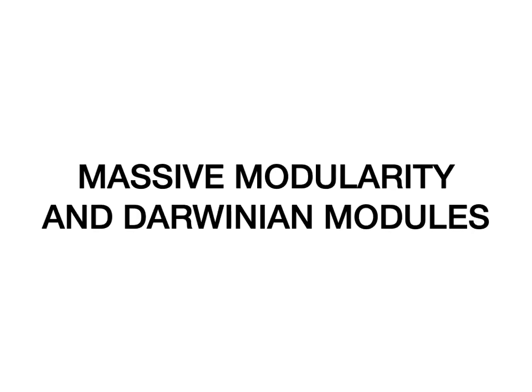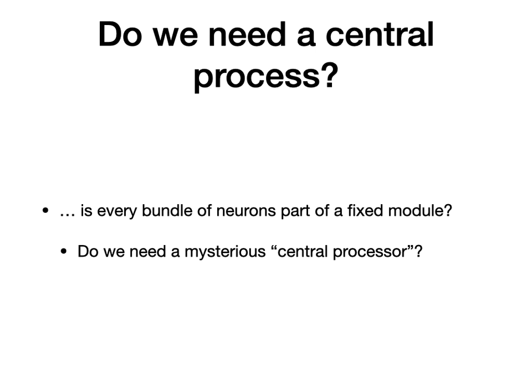Now, next evolution, and I use that term specifically: massive modularity and Darwinian modules. Okay, so moving forward, do we actually need that concept of a central process? Isn't every bundle of neurons part of some small local processing unit?